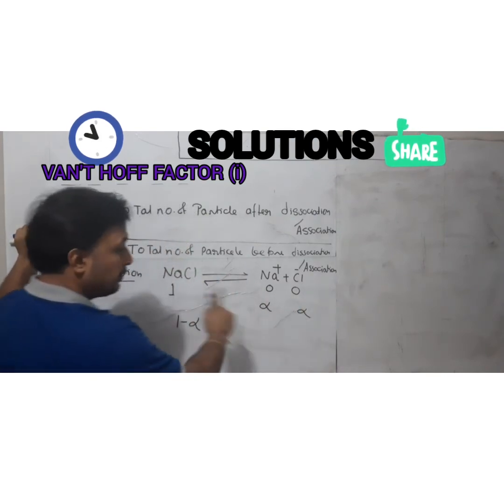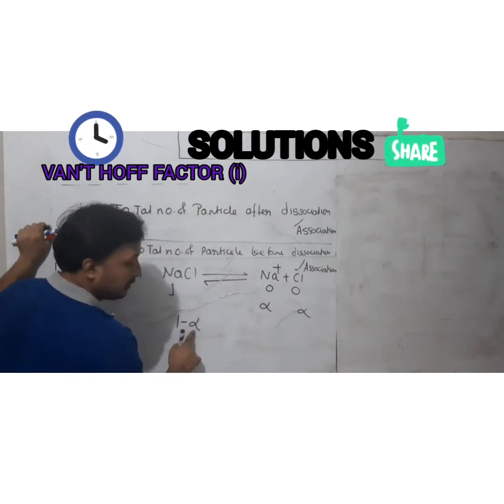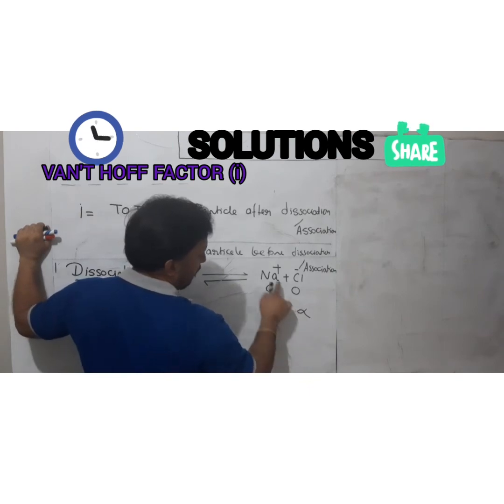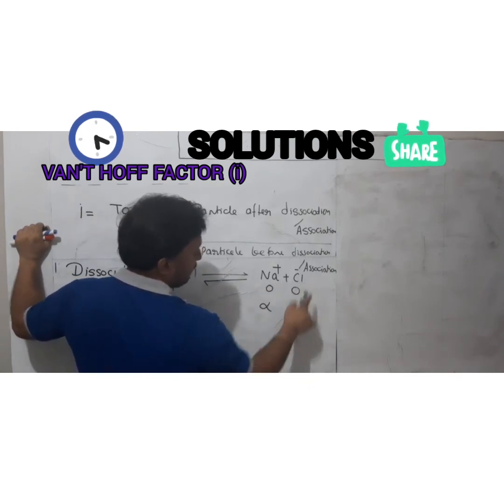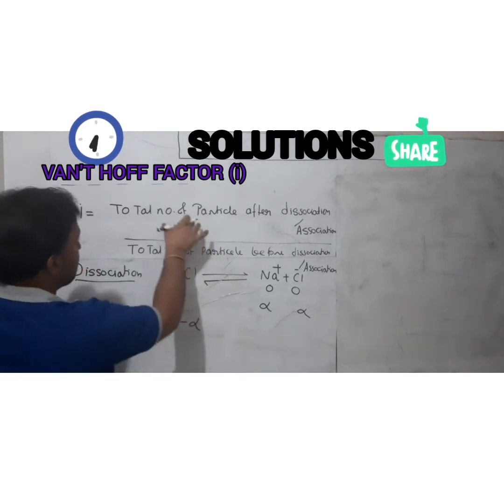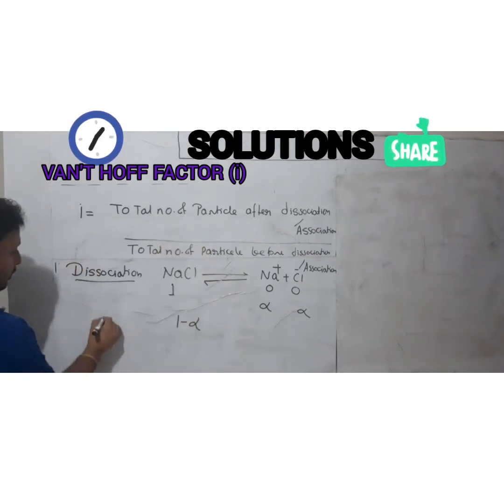After the equilibrium is established, it will be remaining with only 1 minus alpha, and now alpha particles of Na and alpha particles of Cl are going to be formed. So when you put all this value in this formula, what will this formula become?